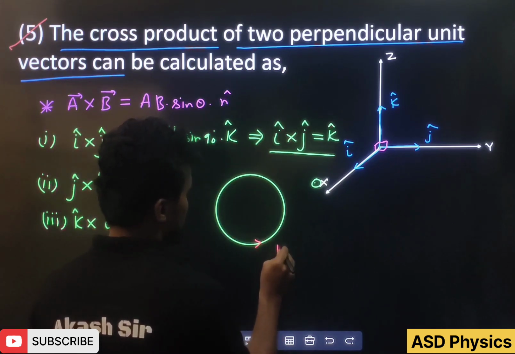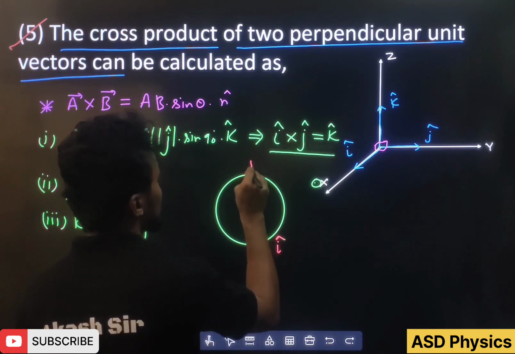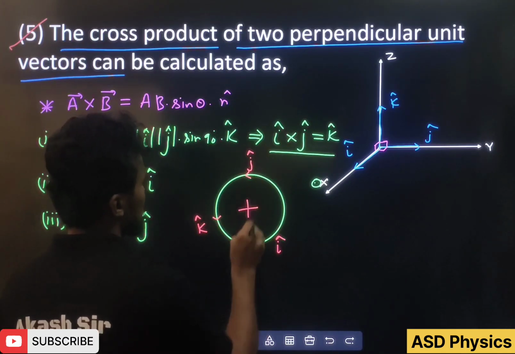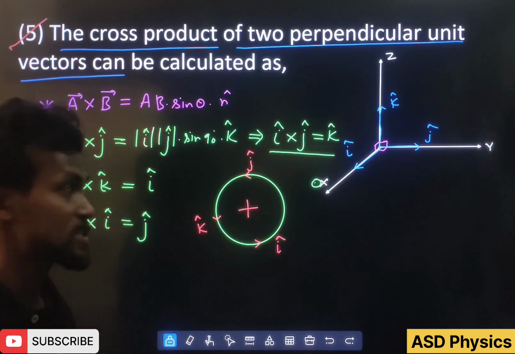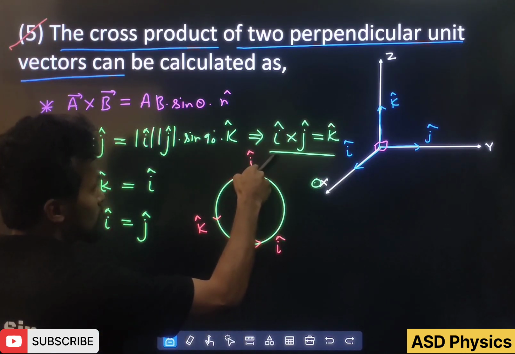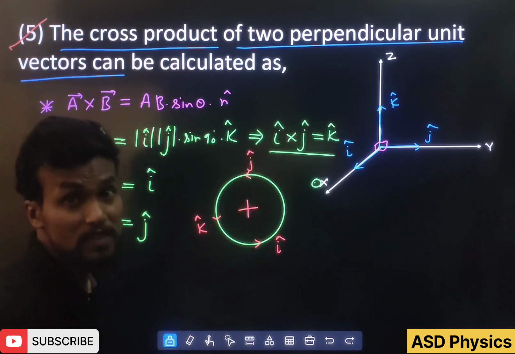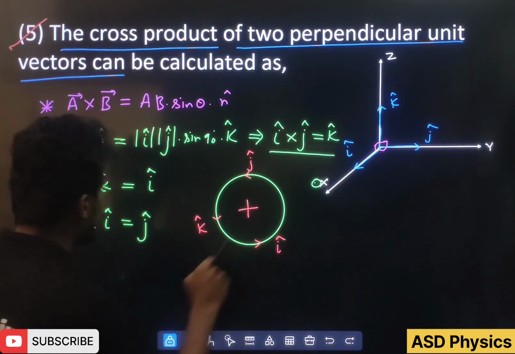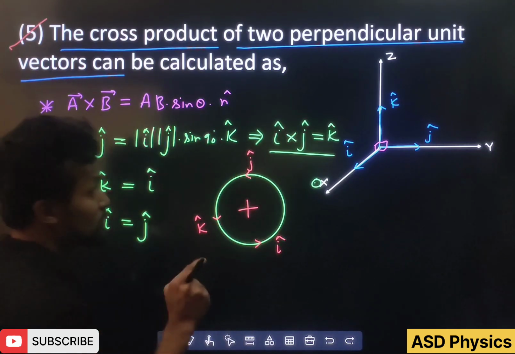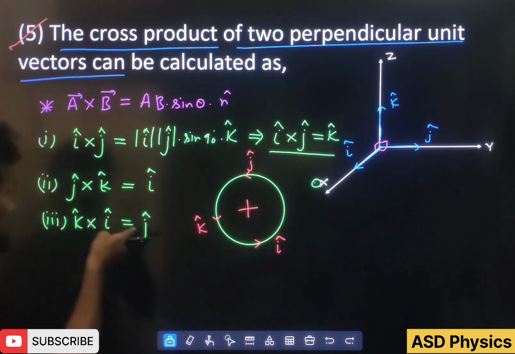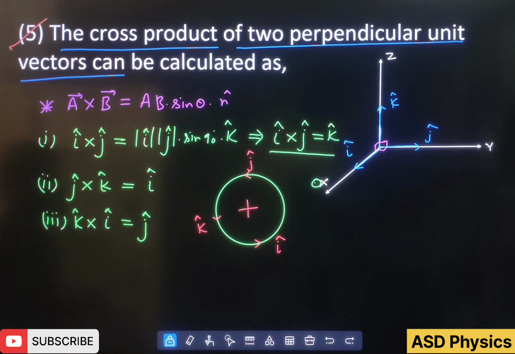Let's take this is i cap, this is j cap and this is k cap. When we are moving in an anti-clockwise direction, we will take plus. Again, i cap cross j cap, next one, what did we get? k cap. After that, j cap cross k cap, next one, what did we get? i cap. Next one, again, students, k cap cross i cap, what did we get? j cap. So all three are satisfied here.